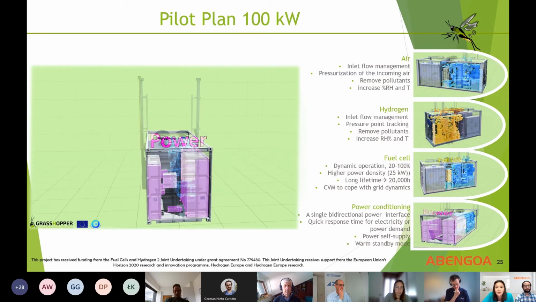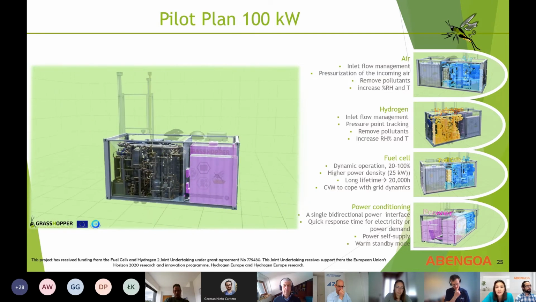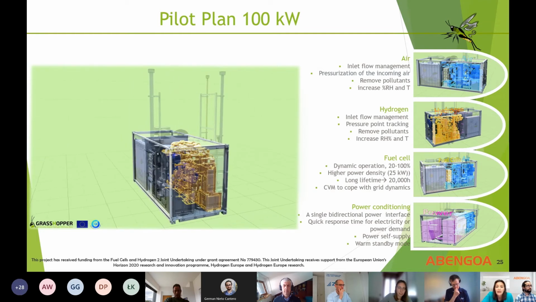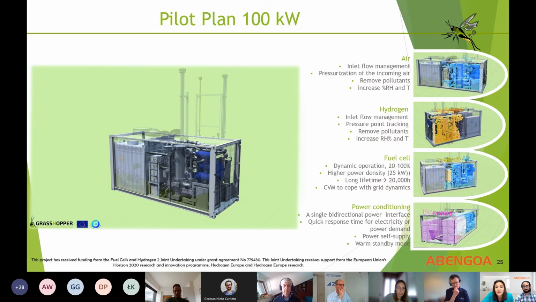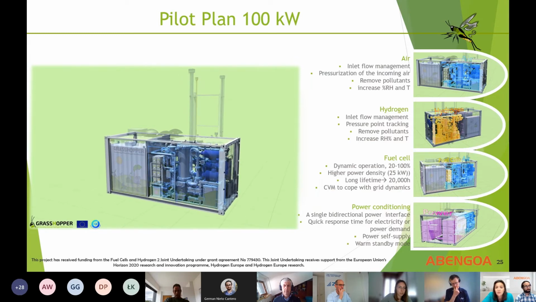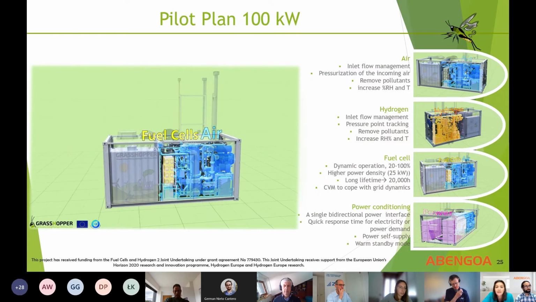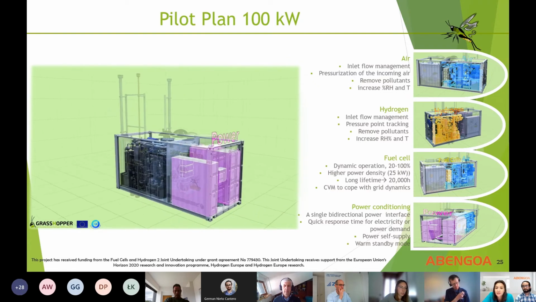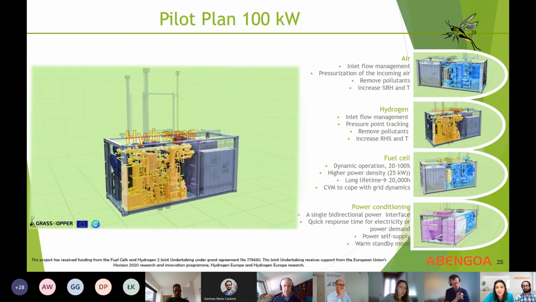In the process area, both the air and the hydrogen inlets are conditioned before going to the fuel cell, and it controls their flow and pressure, and they increase the relative humidity while pollutants are removed. In addition, they increase their temperature thanks to the heat generated by the electrochemical reaction inside the fuel cell.